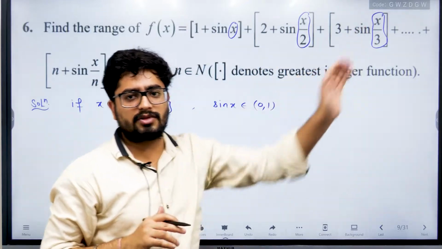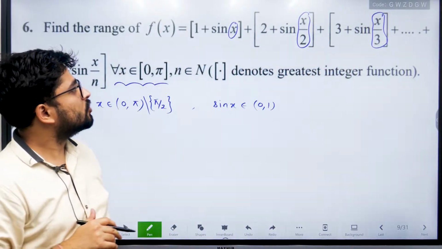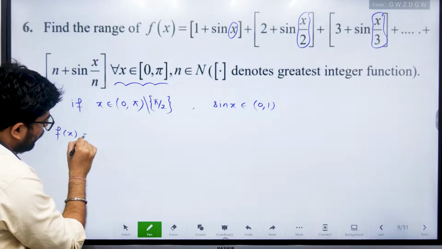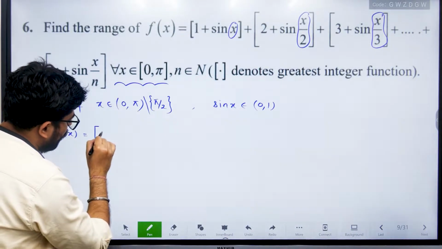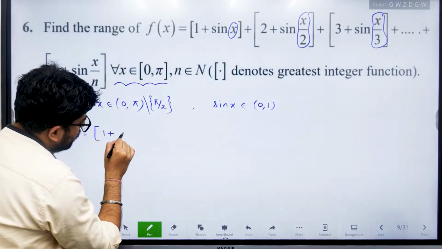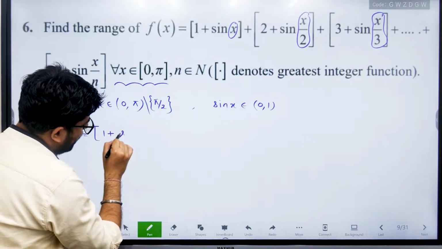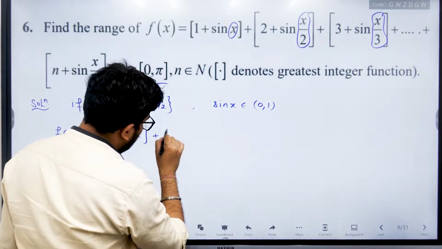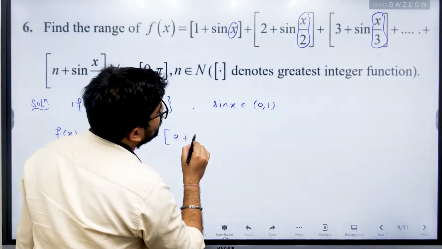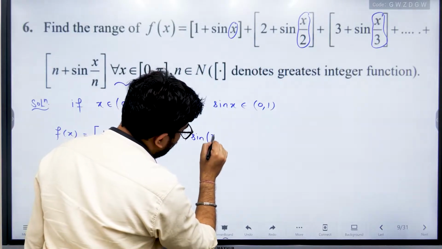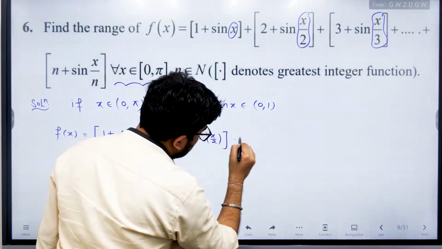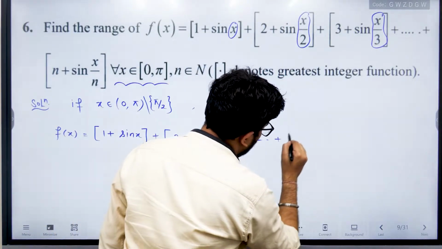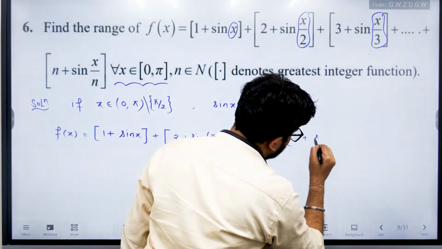So it means you have f(x) as greatest integer of 1 plus sin x, plus greatest integer of 2 plus sin(x/2), plus greatest integer of 3 plus sin(x/3), and so on, up to greatest integer of n plus sin(x/n).